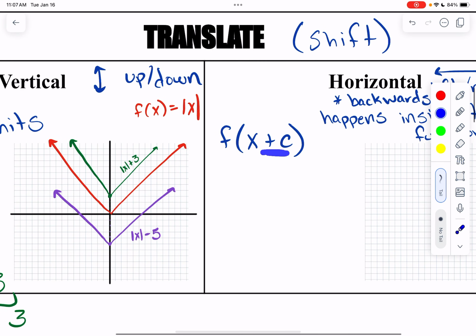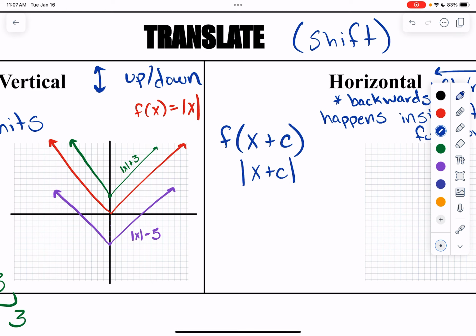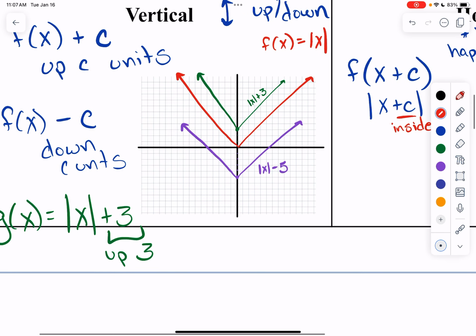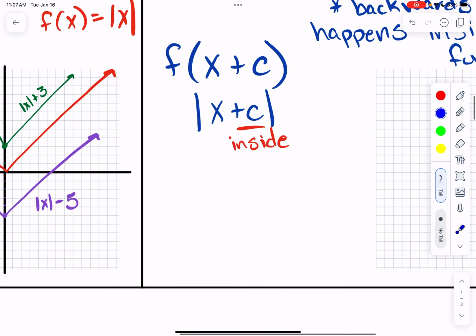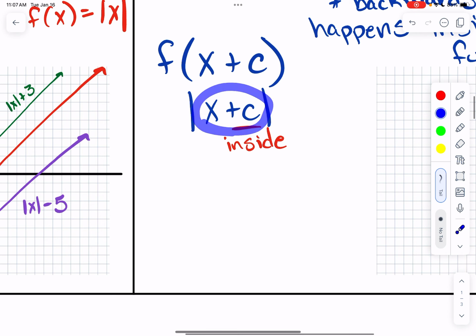Here, my plus c is inside that parenthesis. So if my parent function is absolute value, it's going to be the absolute value of x plus c. Notice here this plus c is inside the absolute value, whereas over here, my plus 3 was outside. My absolute value is still just on the x. Here, my plus c is inside on the x.